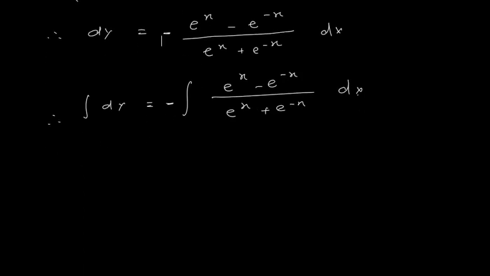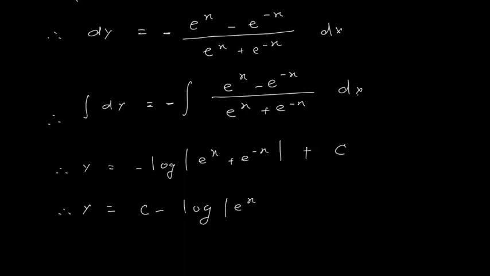Now if I integrate, again you can see that derivative of denominator is present in the numerator. So directly I will say that therefore y is equals to minus log of e power x plus e power minus x plus we can say log c, or simply say c, because here y is not in log. So therefore my final answer y is equals to c minus log of e power x plus e power minus x.